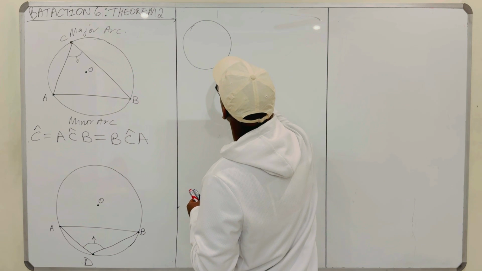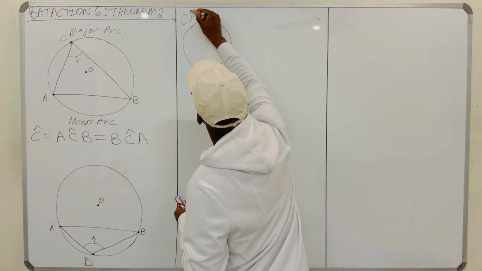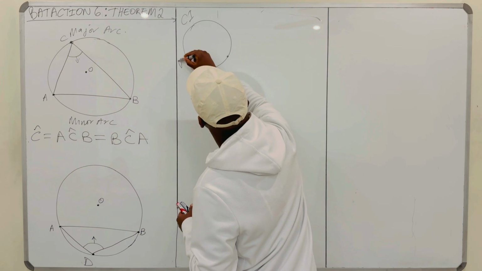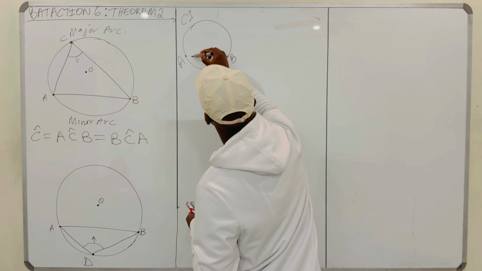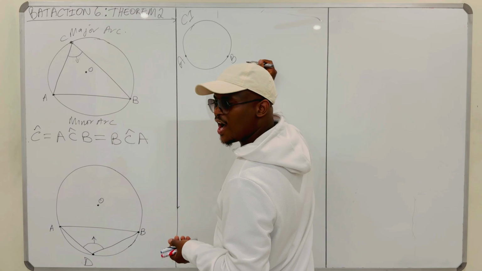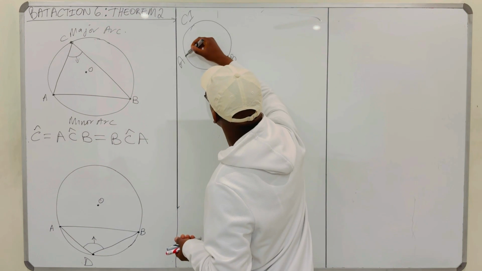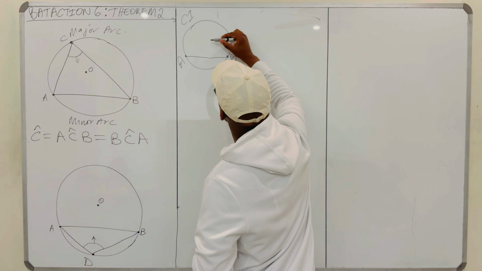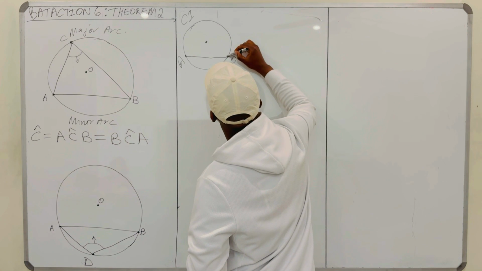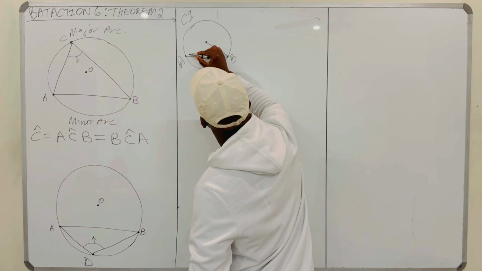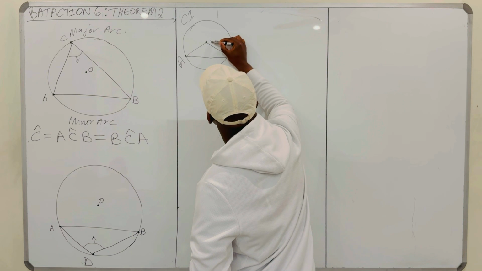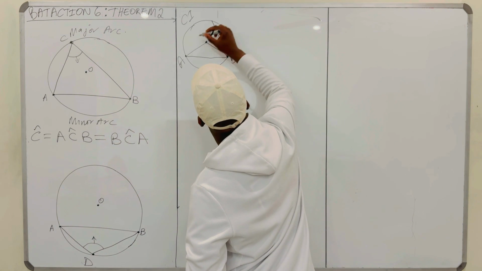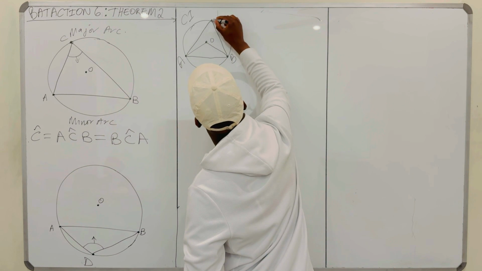So here's case number one. Let's say you have your A and B here. Let's say you want a chord or arc. You want a chord, okay, fine. Are you with me? Let's say you have your center here. So case 1 can subtend at your center like this. This is O, of course. And also subtend at the circumference like that.